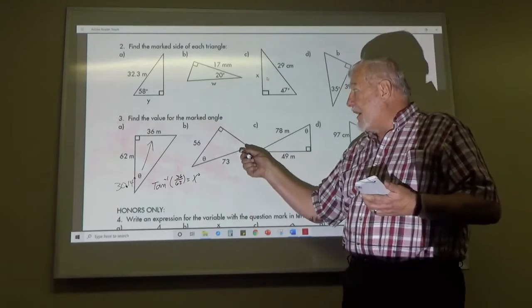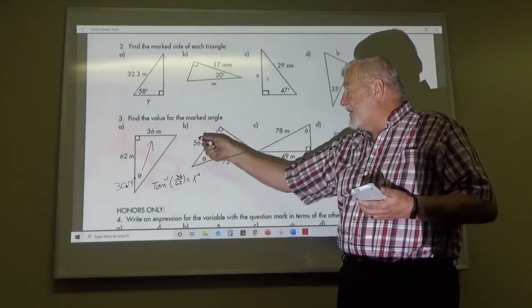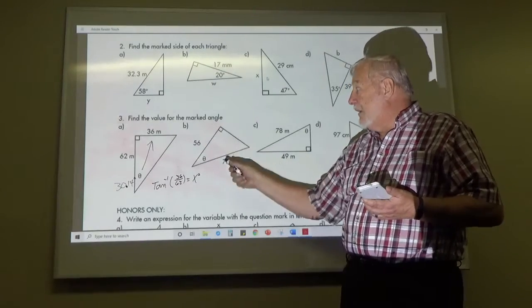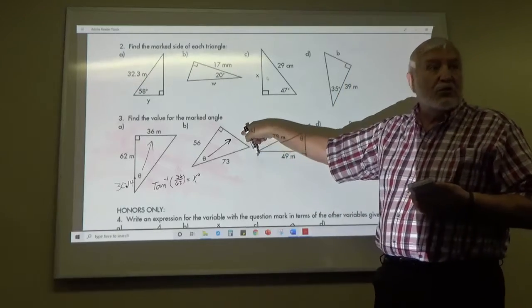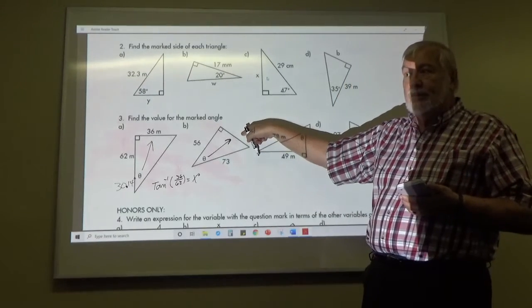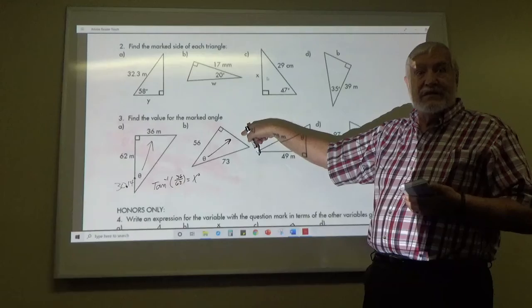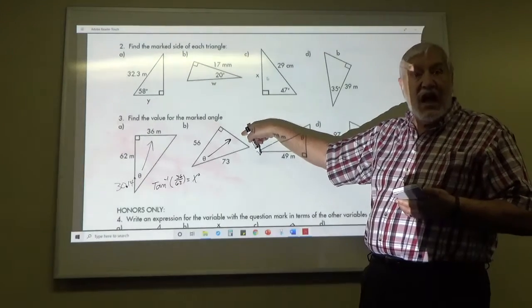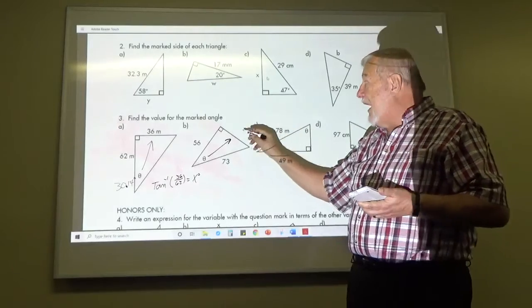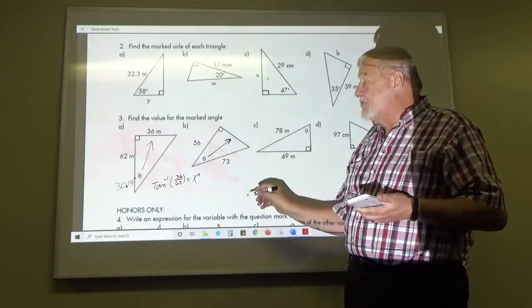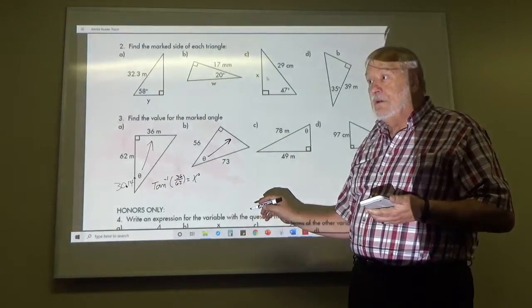Okay? Now, this problem, I can't use tangent because I don't have two legs. For this angle, that side is which function? Starts with an S. It's the sine function, right? So I can't use the sine because I don't have a number, so what am I going to use? Cosine.